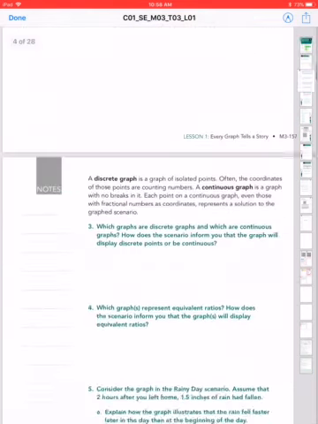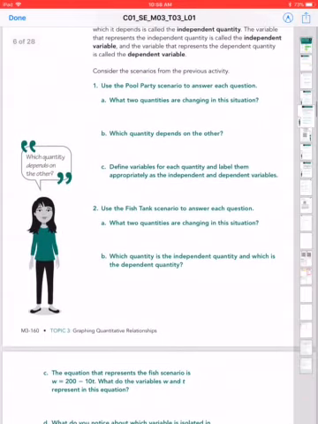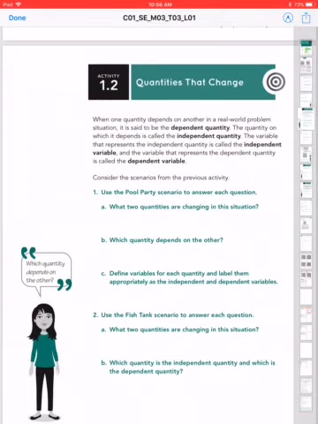So we are going to actually go down to page 160, and we're going to just look at this little paragraph that the author wrote about this, and we're going to highlight the key information. So when one quantity depends on another in a real-world problem situation, it is said to be the dependent quantity.